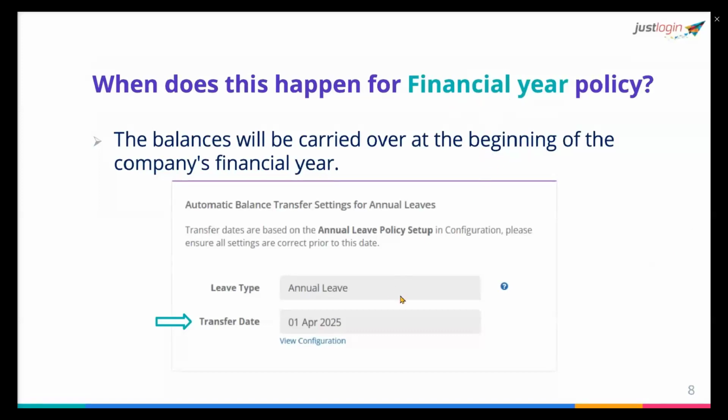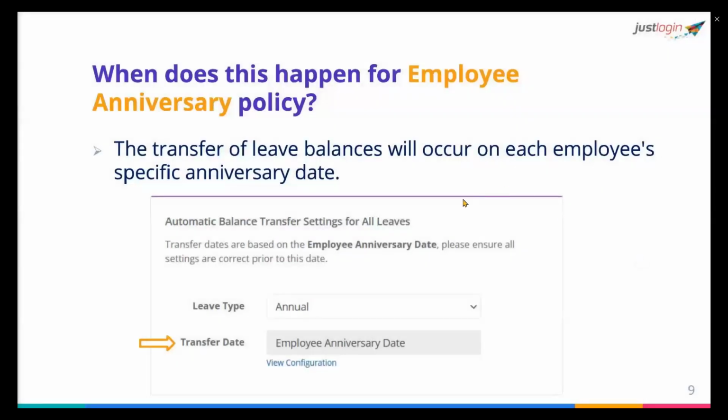In the example that we have, if the financial year starts on April 1 of 2025, then the balances will only be transferred on April 1, 2025. When does this happen for employee anniversary policy? The transfer of leave balances will only occur on the employee's specific anniversary date.